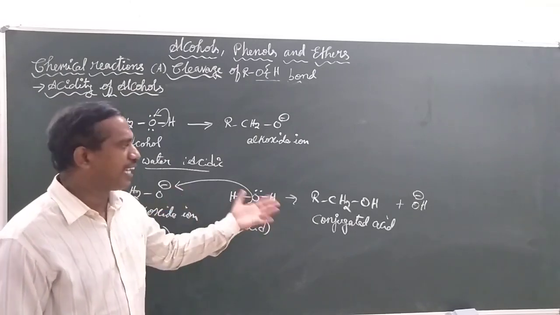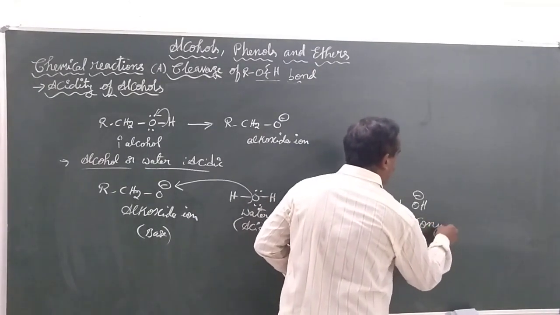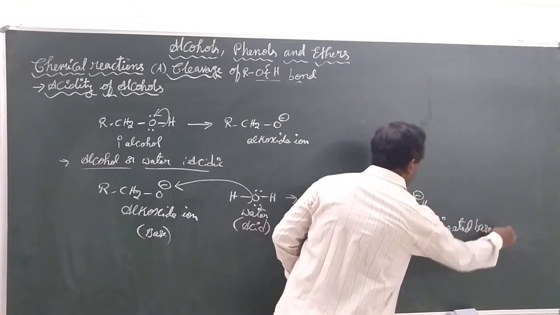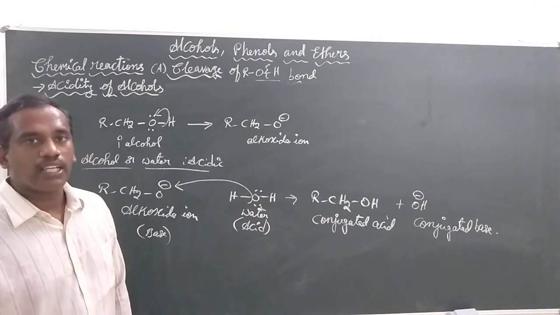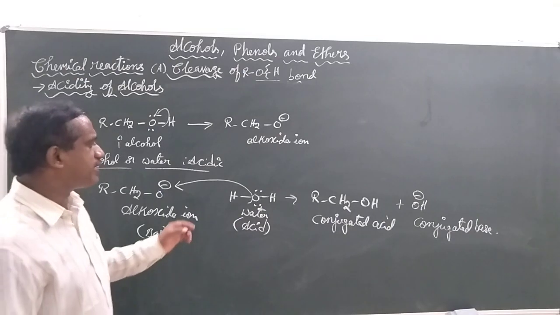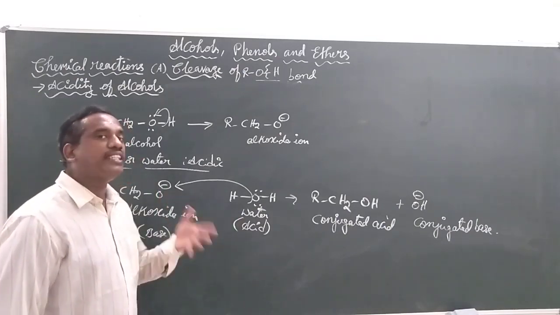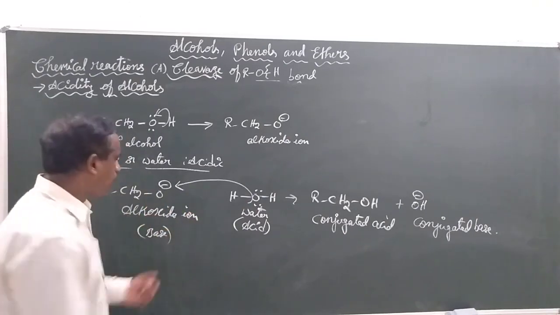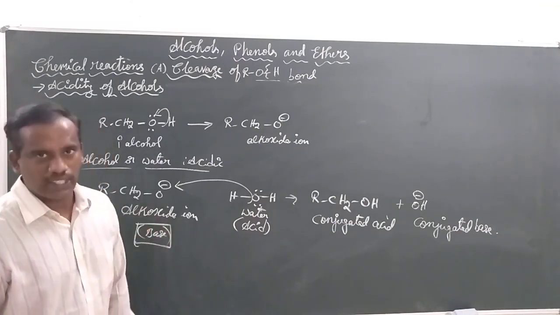This side accepts the proton, and we can call the other side the conjugate base. Water readily gave the H plus ion, and the alkoxide is accepting it. So we say these alkoxide ions have basic nature.